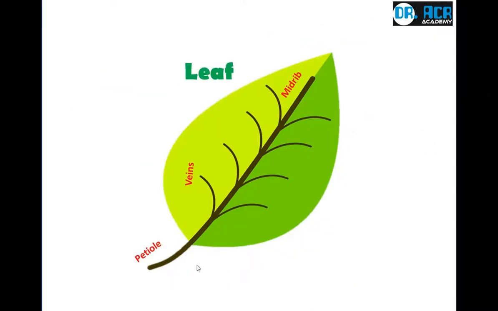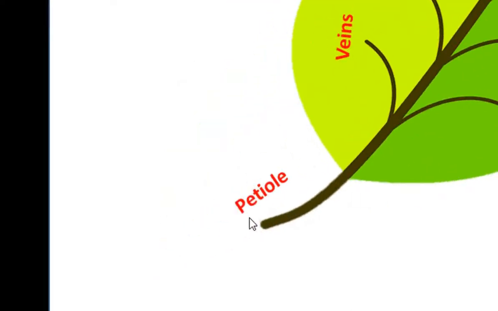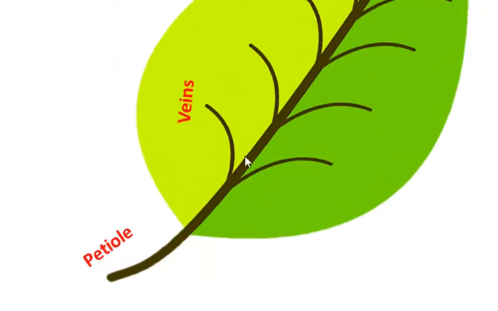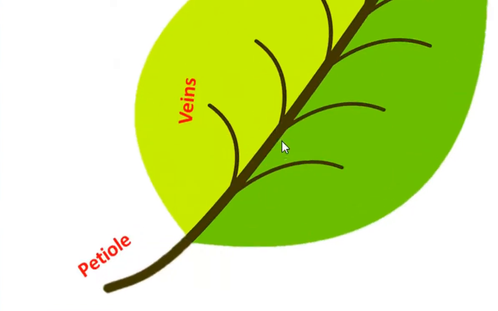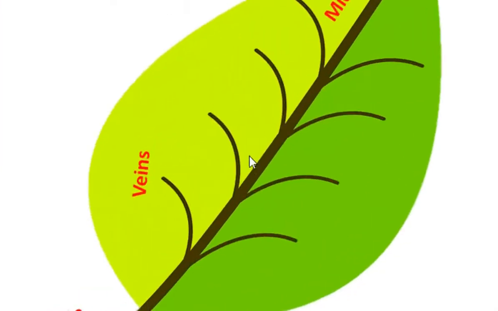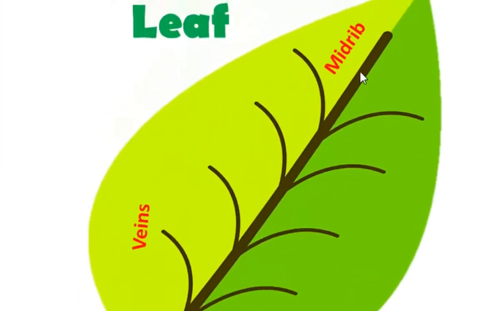As we discussed, this is the part which connects the leaf to the stem, and this is called petiole. And these are the veins, which are line-like structures on the leaf. The broad vein in the center is called midrib.